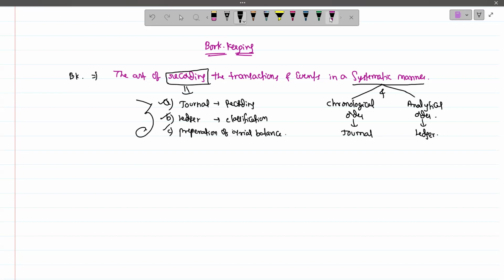Then coming to the next one, what are the objectives of bookkeeping?